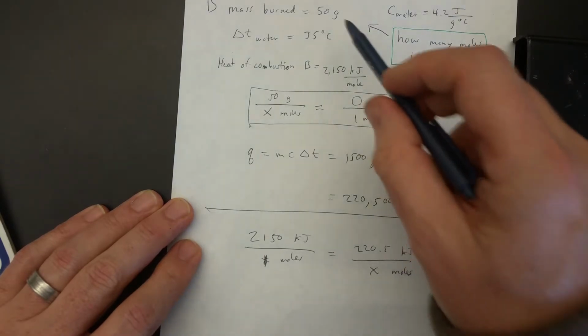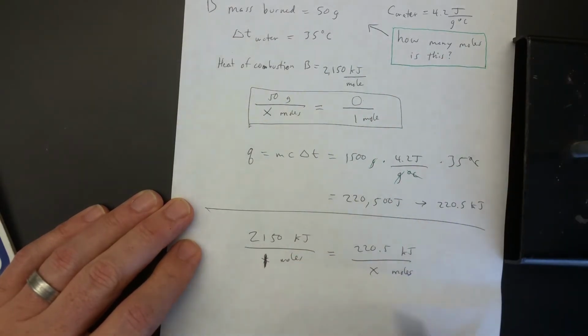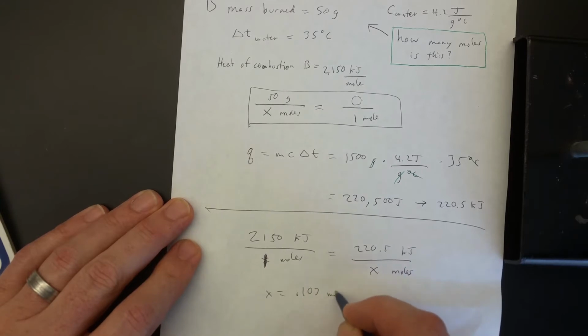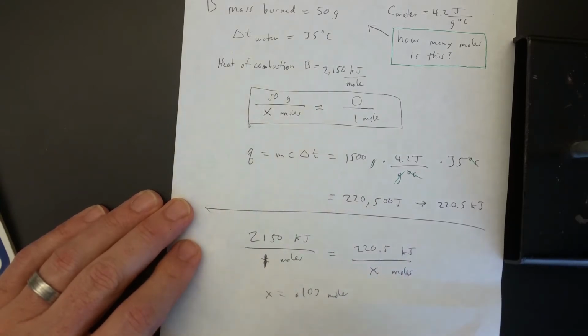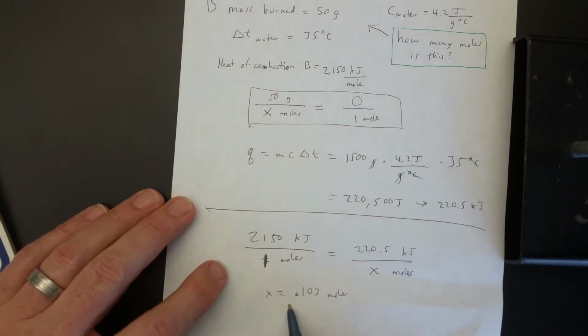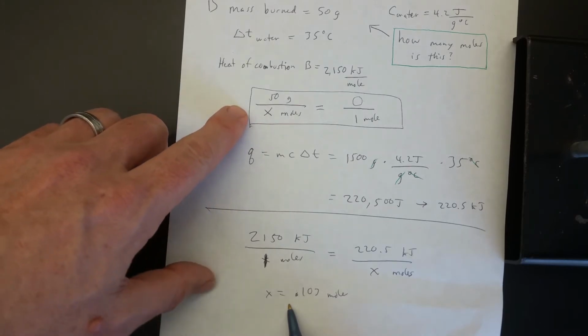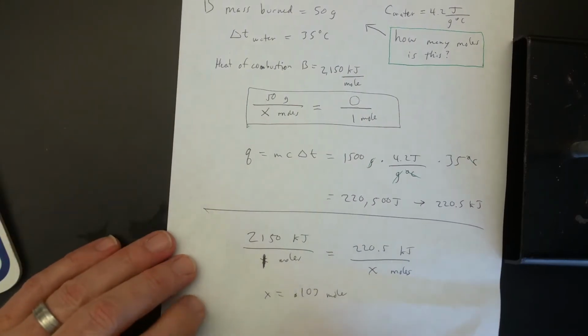Right? That's what we're looking for. How many moles is that? So, cross multiply and divide, we get X equals 0.103 moles.